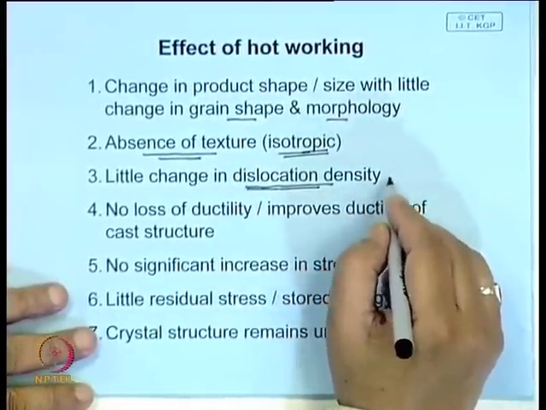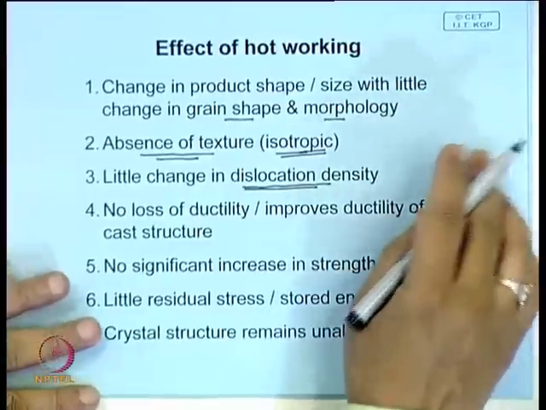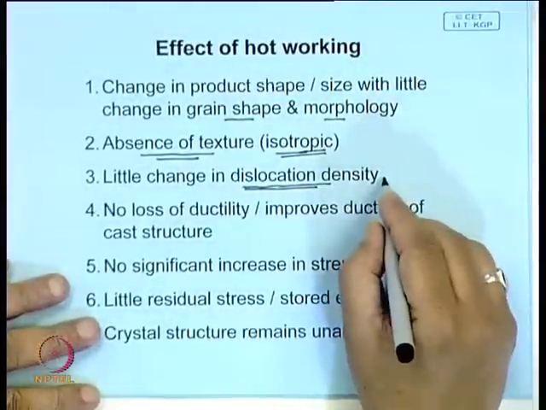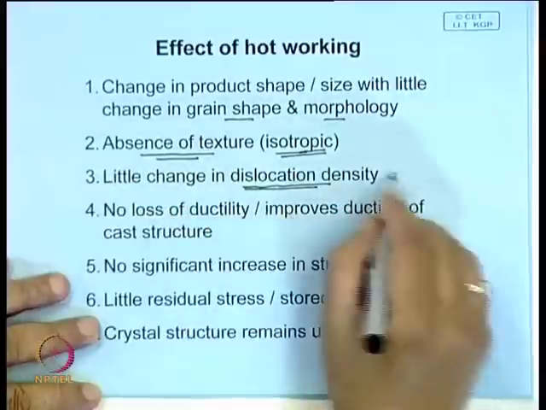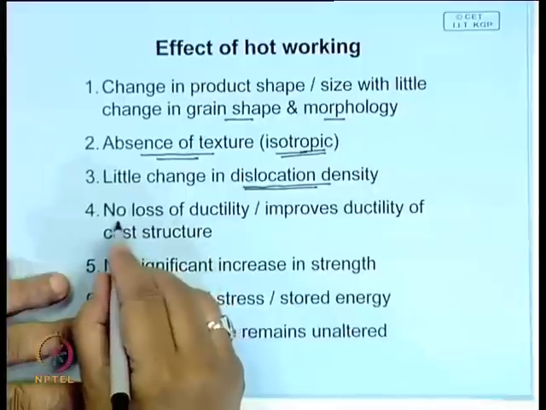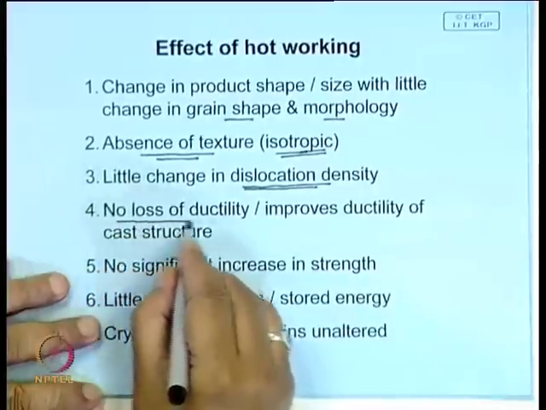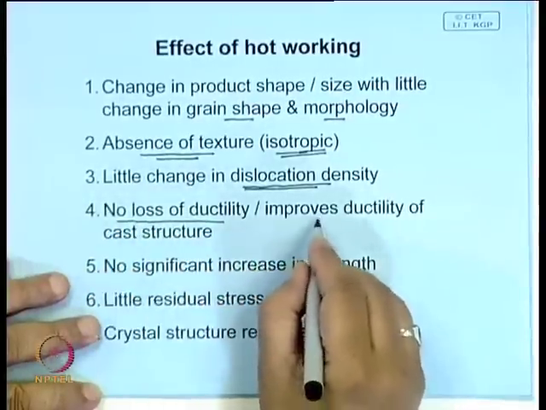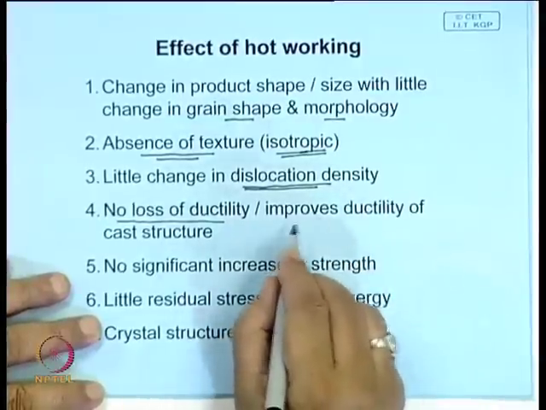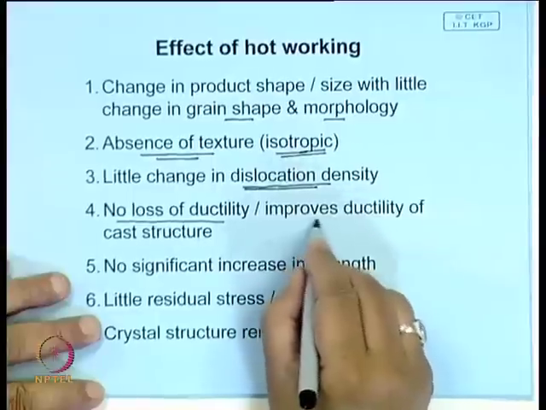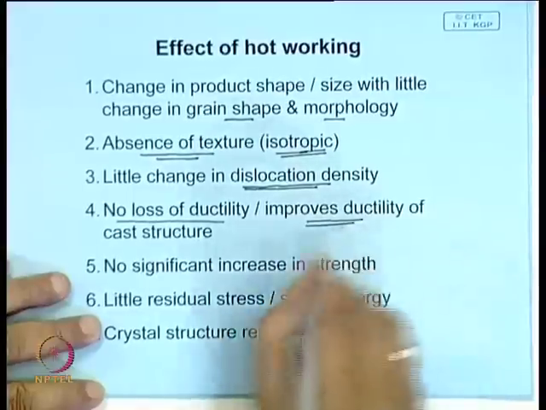Secondly, dislocations annihilate, a process of dislocation annihilation we will know about. So, there is little change in dislocation density, and there is no loss of ductility. In fact, when you are hot working a cast material, it improves, as it removes segregation of cast metal and improves its ductility.